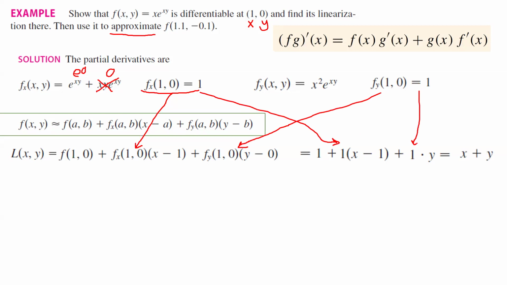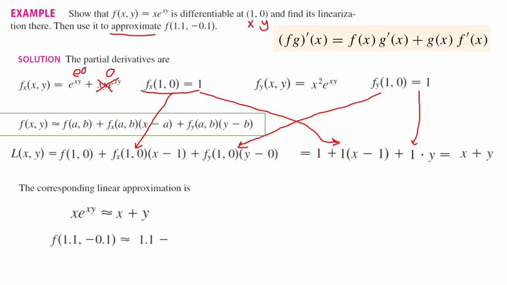So from this crazy-looking function, x e to the power xy, we end up with a nice linearization, which is x plus y. Why is it helpful? Because we can easily approximate this function without using a calculator. So if I ask you to find the z value of the function around 1.1 and negative 0.1, you just plug that in, 1.1 for x minus 0.1 for y.